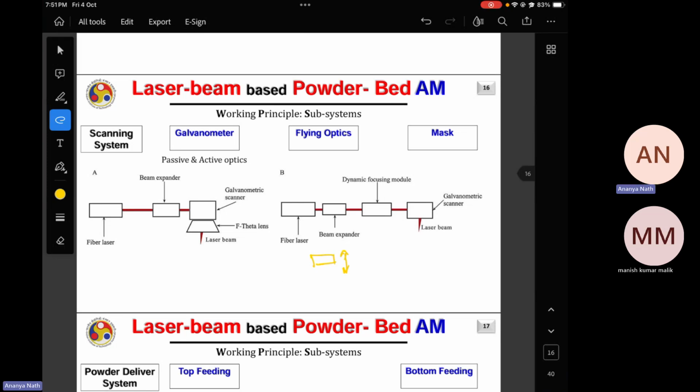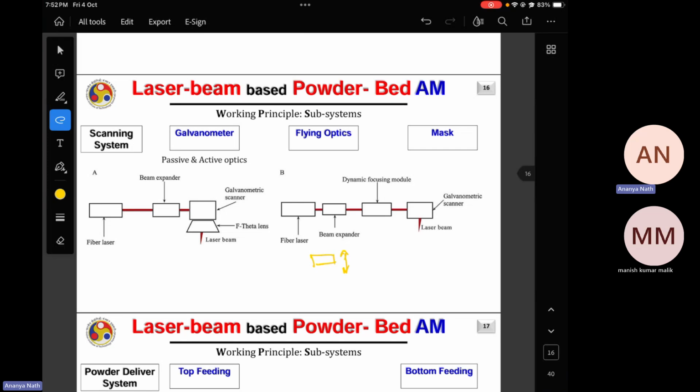Remember, Galvo scanner is an arrangement of teeny tiny mirrors which vibrate very quickly to move the laser beam very rapidly over the build plate, because the laser scanning speed in case of LPBF is something around 600, 1000 or 1400, 1500 millimeter per second. So you cannot even distinguish the laser beam with your naked eye while going on the process.